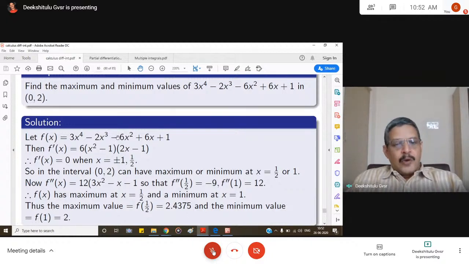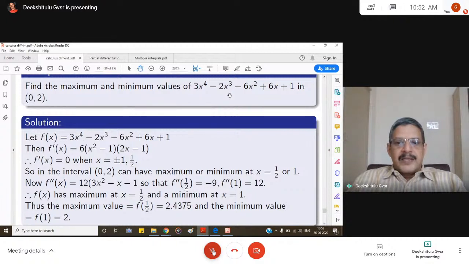That means this is a local minimum and maximum. If you consider the interval from minus infinity to plus infinity, when you go to plus infinity, what happens in this function? It goes to infinity. When you substitute minus infinity, you get minus infinity. So for the function over all real numbers, the minimum and maximum are minus infinity and plus infinity.